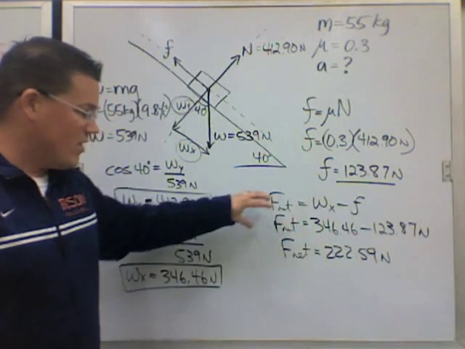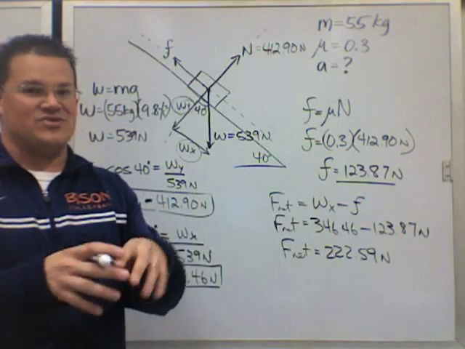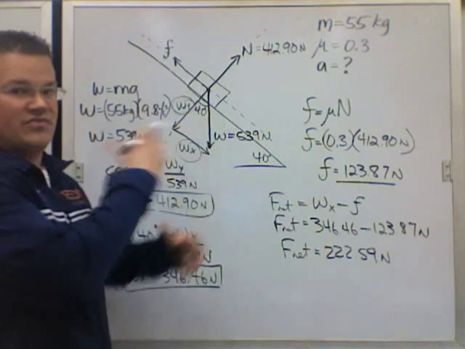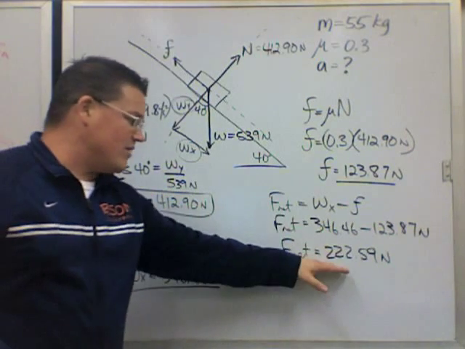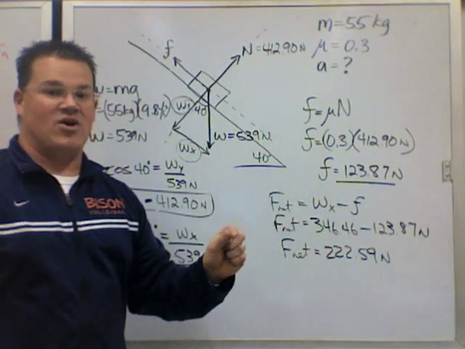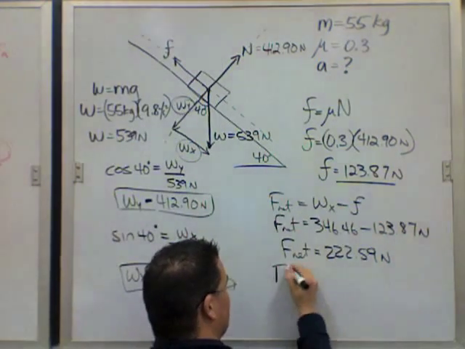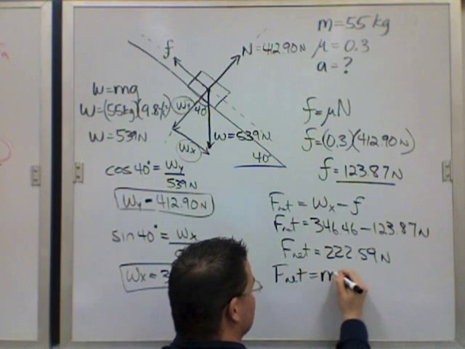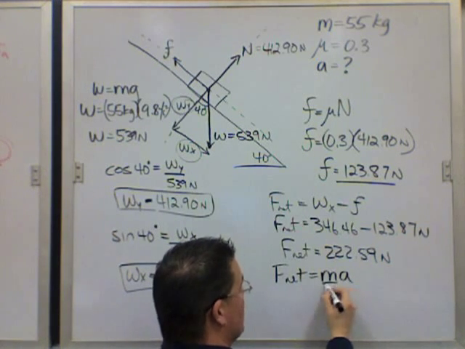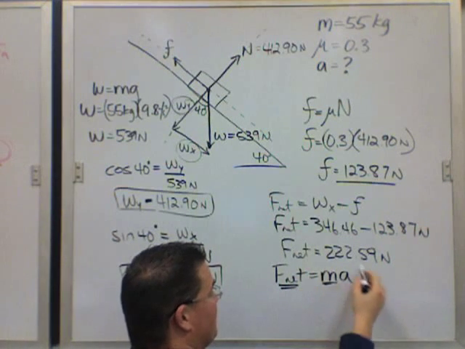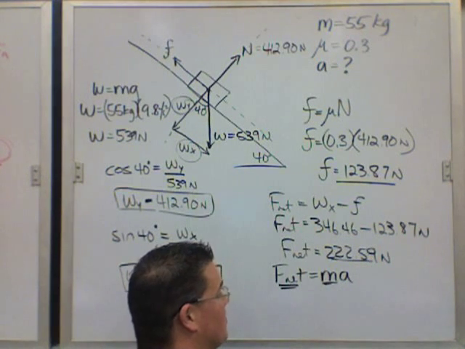Now some people, when they want to find net force, immediately go to F net equals ma. And I understand that. But first you're looking at your picture. You're summing the forces. You get a value. Now we have a value, and from that we're going to say F net equals ma. We know the mass. The mass is 55 kilograms. We now know F net, it's 222.59.